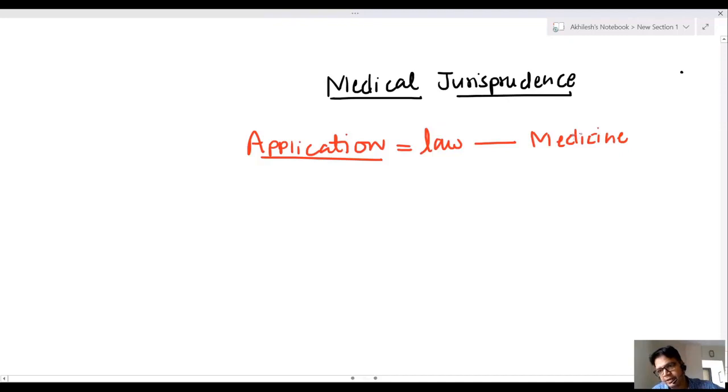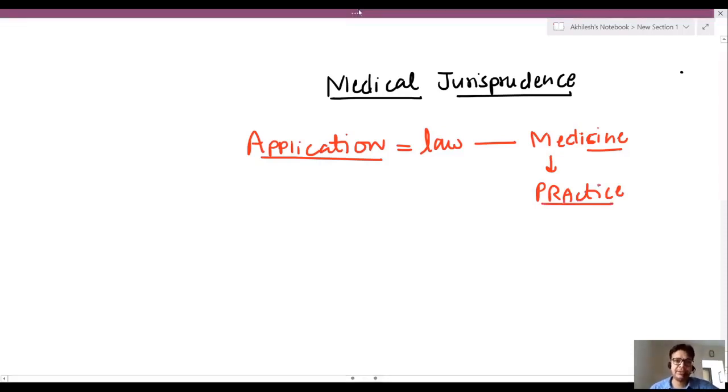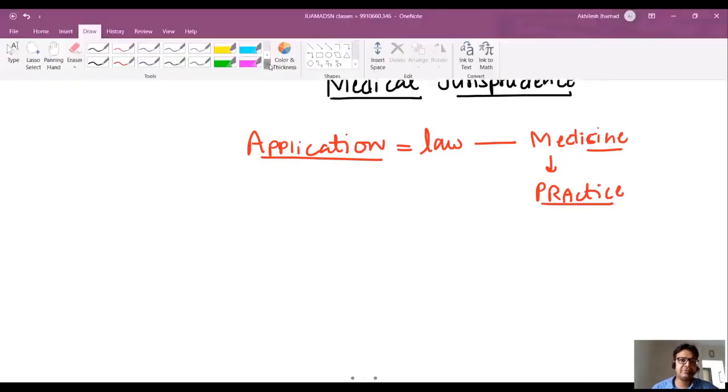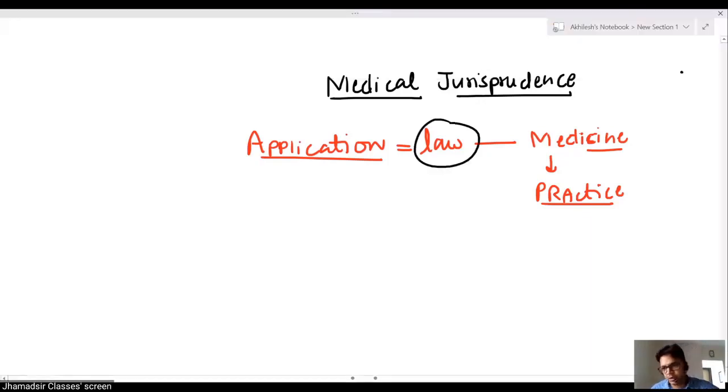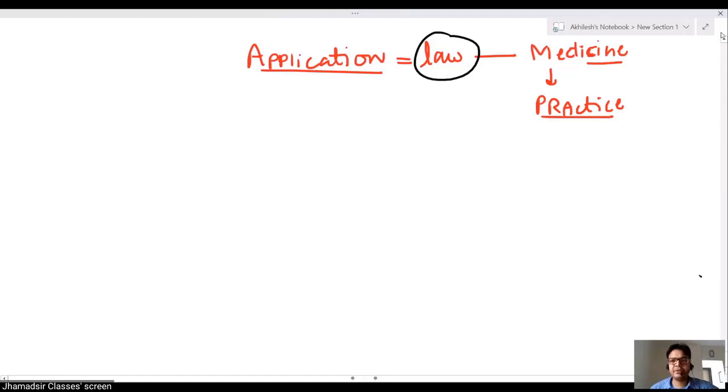It means when you are practicing medicine, you should apply some law in India. You should be aware of some law in India.